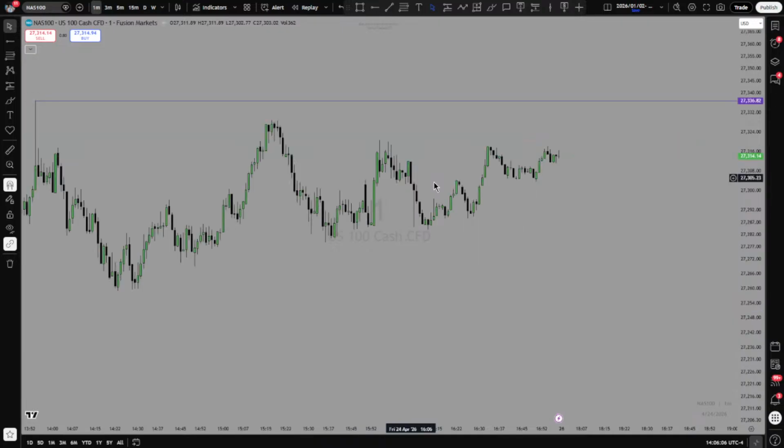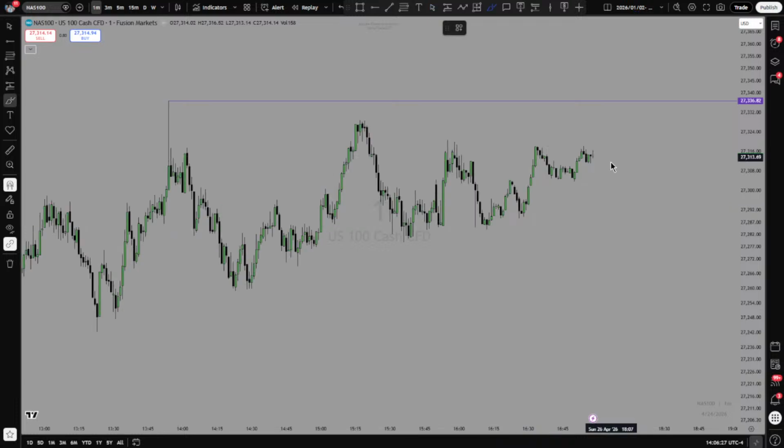I want to see if the price can reach here, and from here I want to be monitoring it. I want to see it get here and give us a signal that the price is gonna go a bit lower.